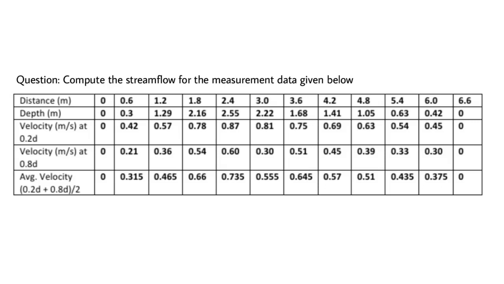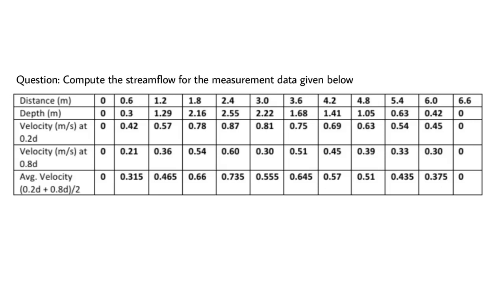So in the first question, compute the stream flow for the measurement data given below. The distances are given with respect to one bank, up to 6.6 meters at the other bank.